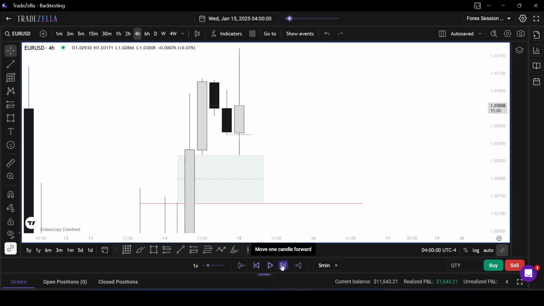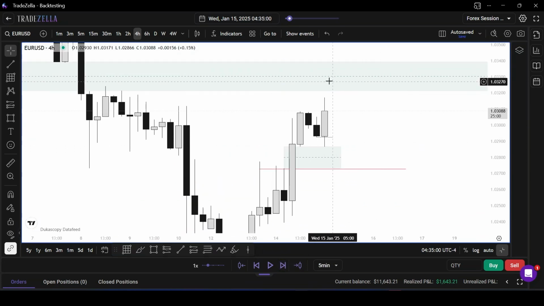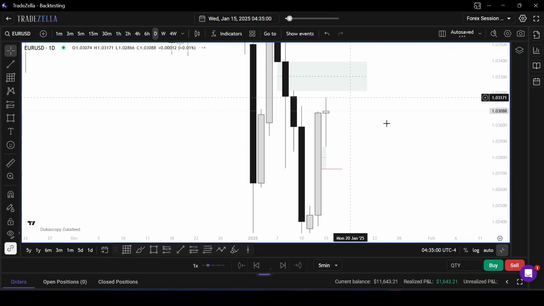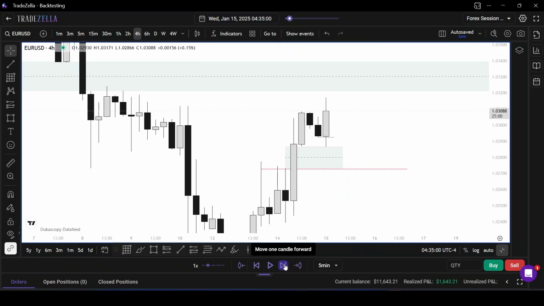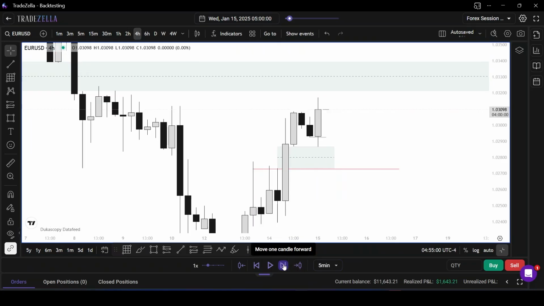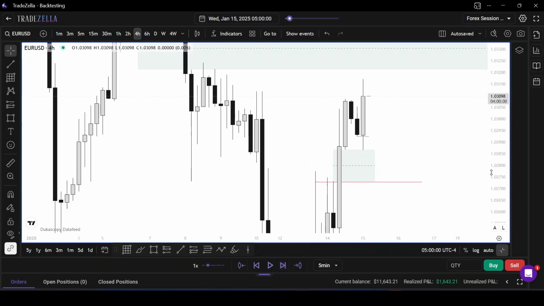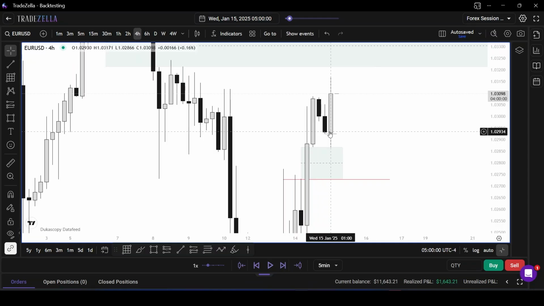So we have it. And remember, our target is this daily fair value gap. That is our draw on liquidity for this day. We have this. Okay, so now we have what? We have a C1, C2. C2 even displayed above the high of candle 1.